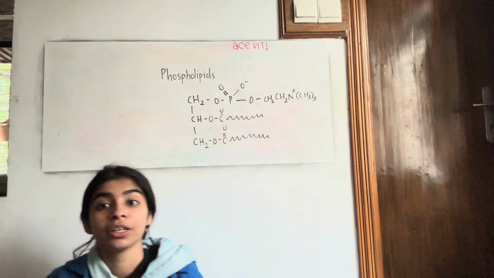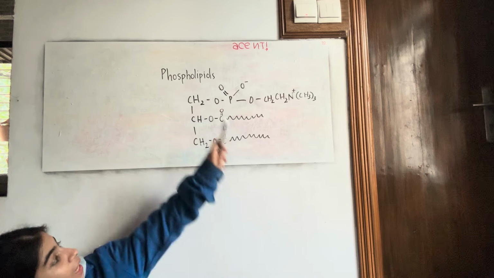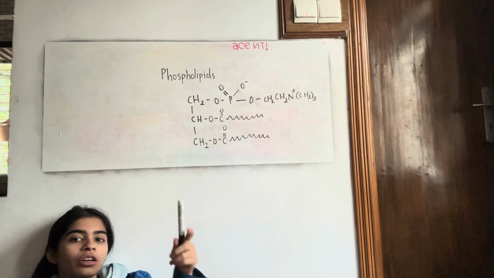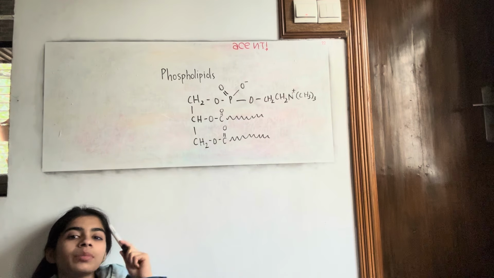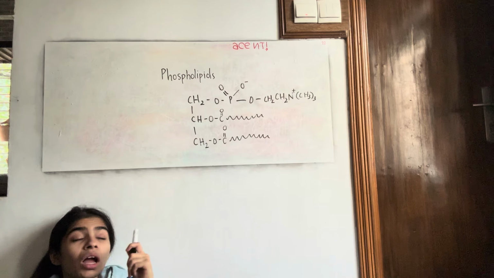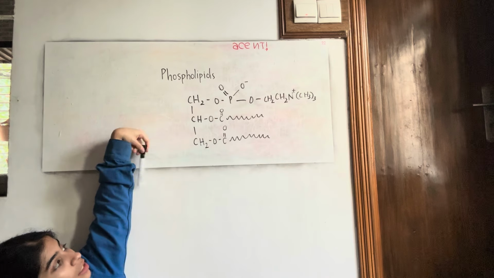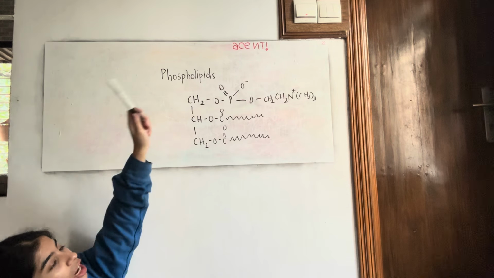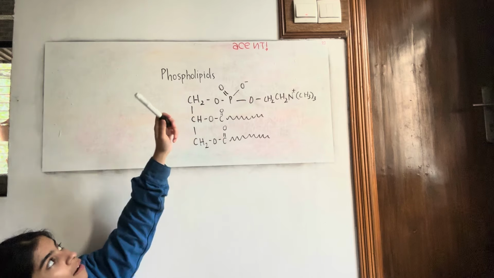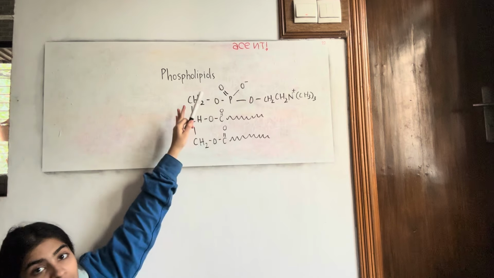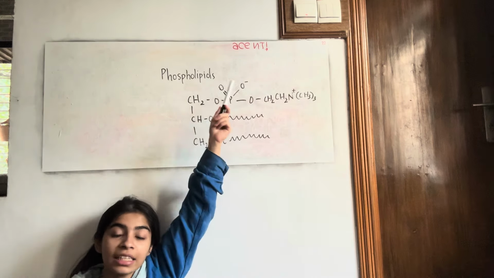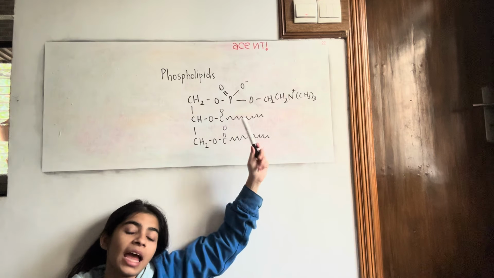Just to be clear, you can see from here that this is like an R group. It's like hydrocarbons. What are hydrocarbons? Hydrocarbons are hydrophobic. That means this is the lipid part. And this would be a triacylglycerol, but instead of the last one we got a phosphate thingy. This is what makes it hydrophilic. This is the hydrophilic end, while this is the hydrophobic end.